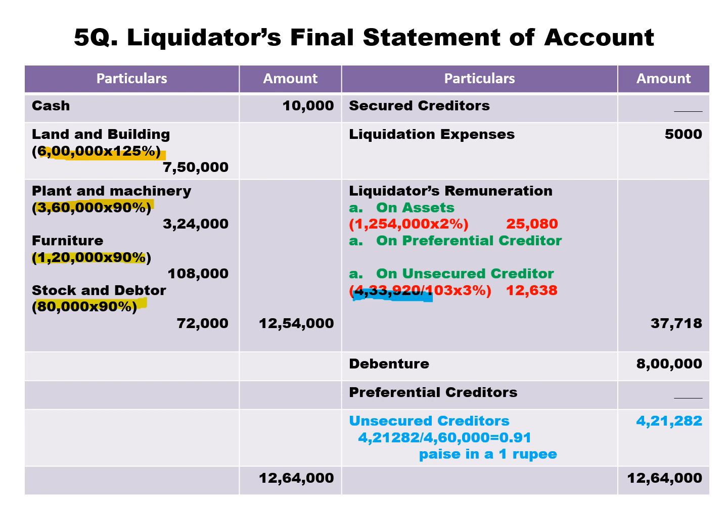So the amount payable to creditors is 4,21,282, but actually we need to pay 4,60,000. So we pay 91 paisa in a rupee. That is 4,21,282 divided by 4,60,000. Thank you.